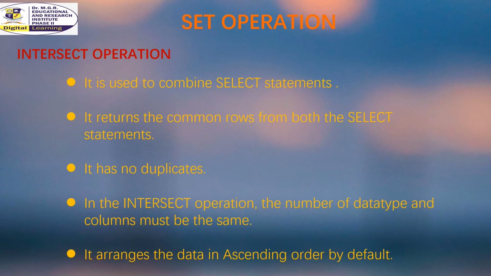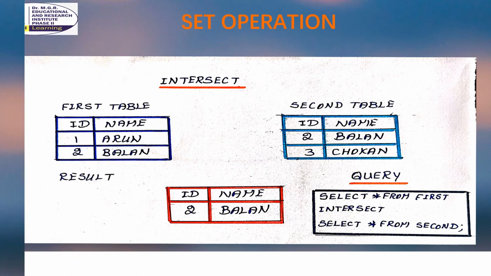The fourth point is that in the intersect operation the number of data types on columns must be the same. Then the last factor to be remembered is that it arranges the data in ascending order by default.